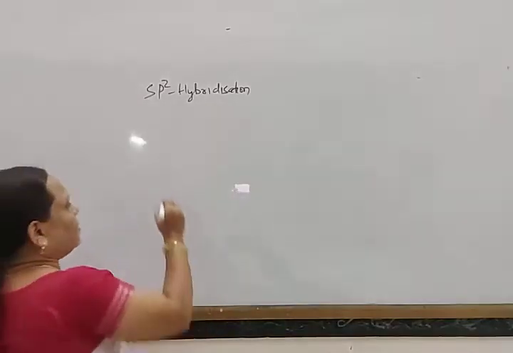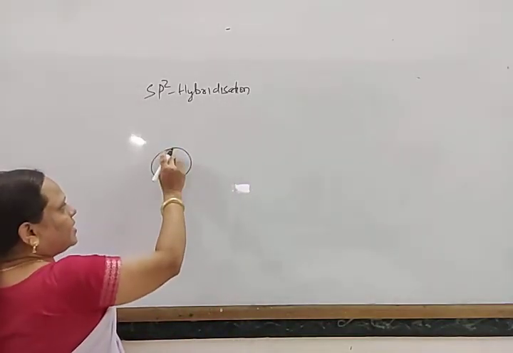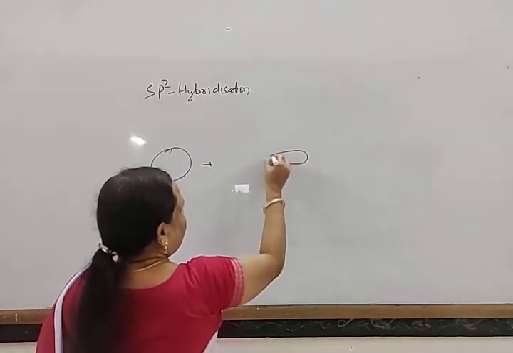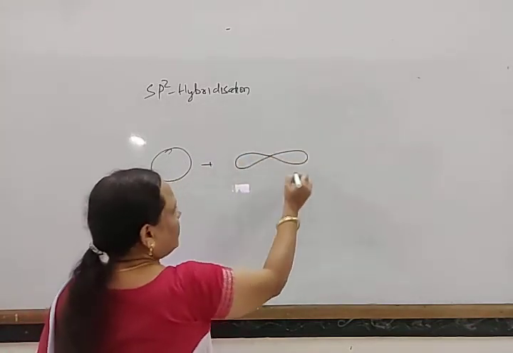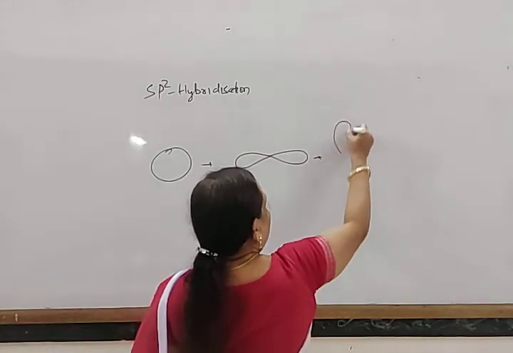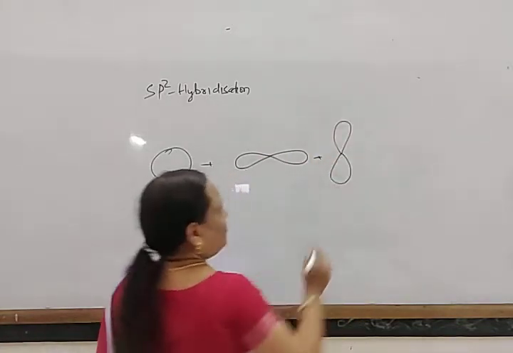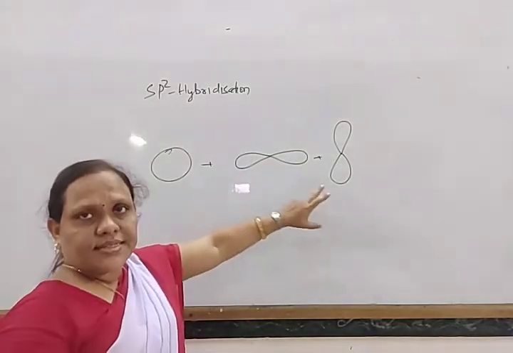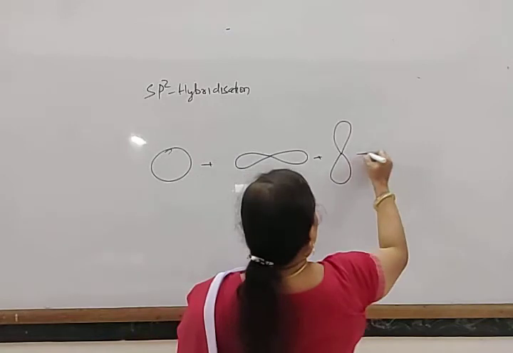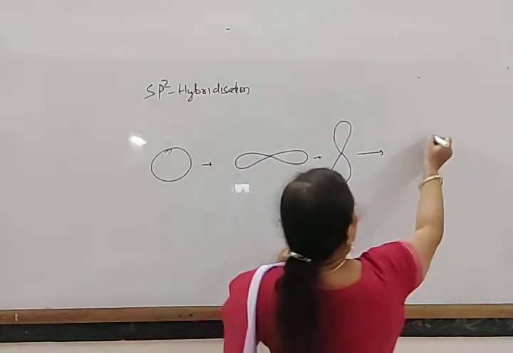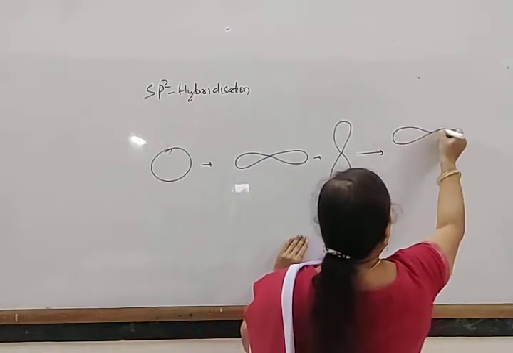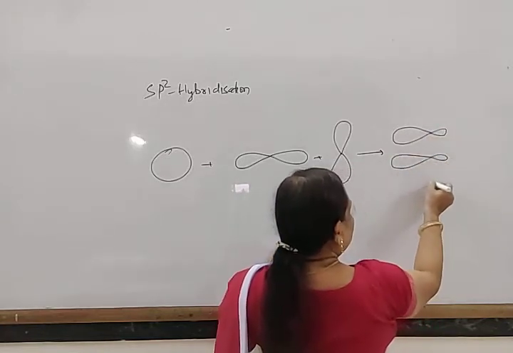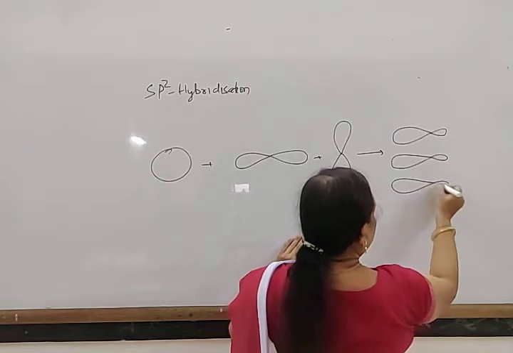So look here, the s orbital is spherical in nature, and one p orbital is dumbbell in shape, and another p orbital is also dumbbell in shape, but they have different orientations. When these intermix, they give rise to three equivalent orbitals having the same shape and energy.